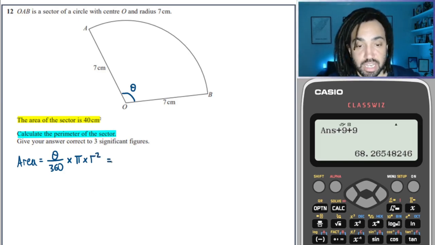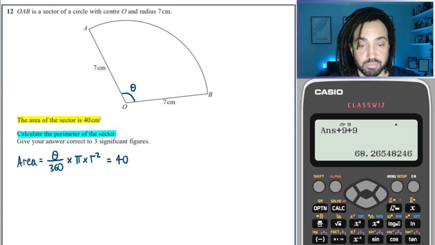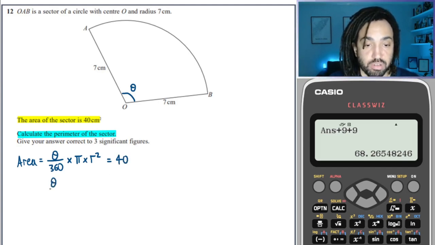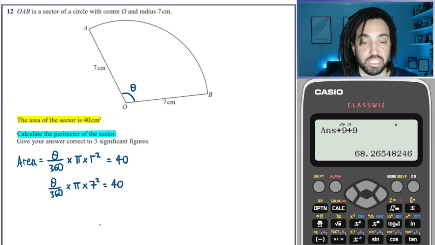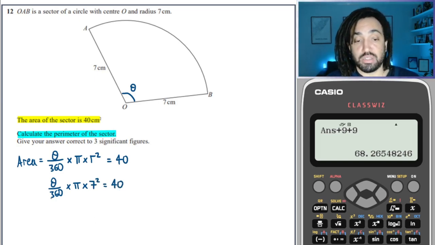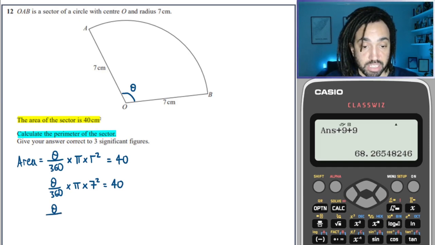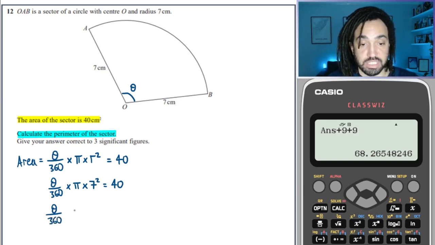And we know that the area is going to equal 40. So we've got theta over 360 times pi times the radius, which is 7 squared, is equal to 40. If I want to work backwards, I really would like to know what theta over 360 is.